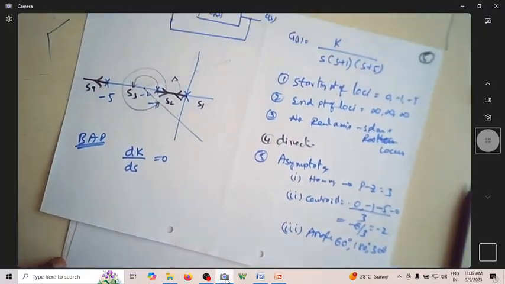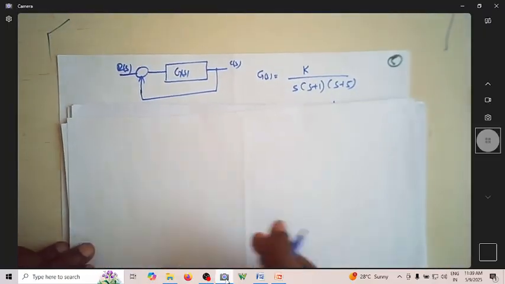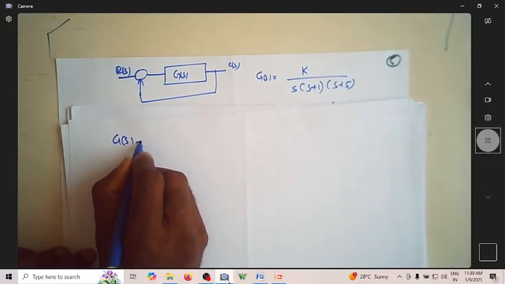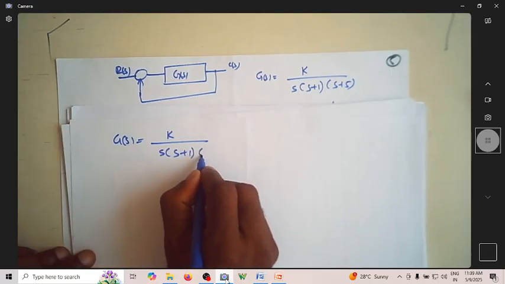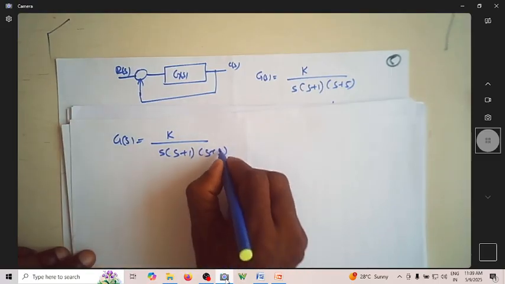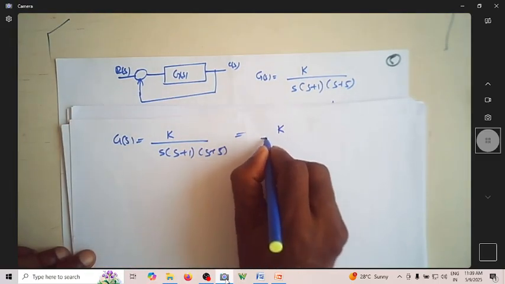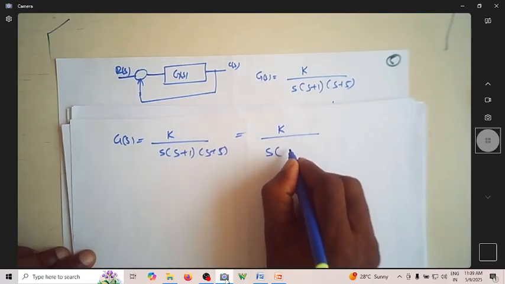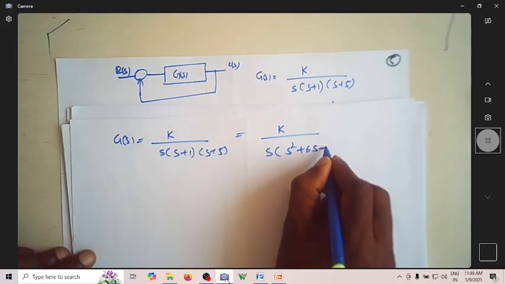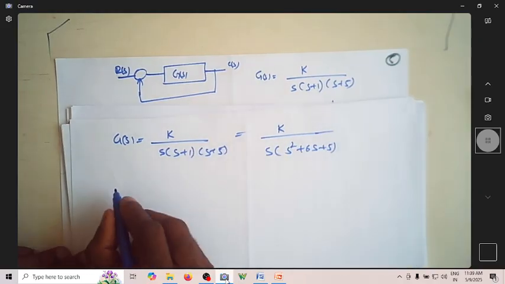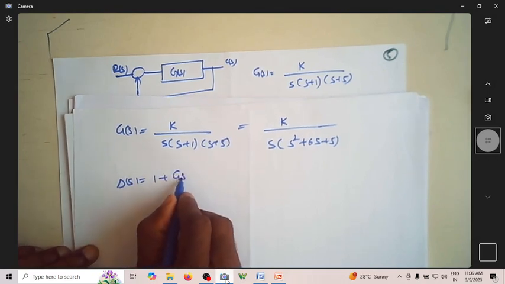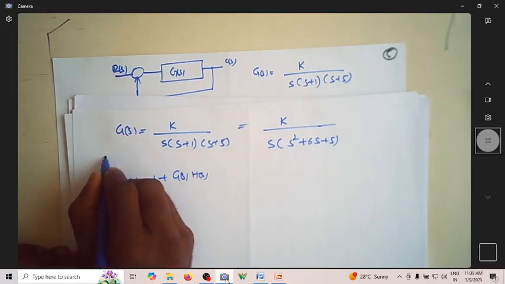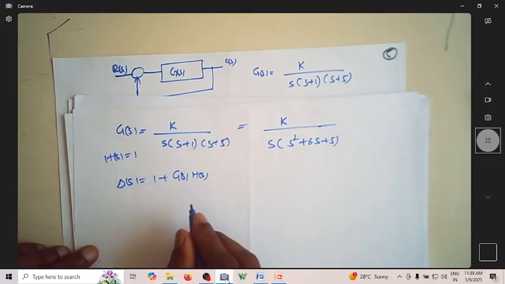So this is my G(s). G(s) is equal to K by s into (s plus 1)(s plus 5). This can be written as K by s into (s square plus 6s plus 5). So the characteristic equation is 1 plus G(s) into H(s), and we know that H(s) is taken as 1.